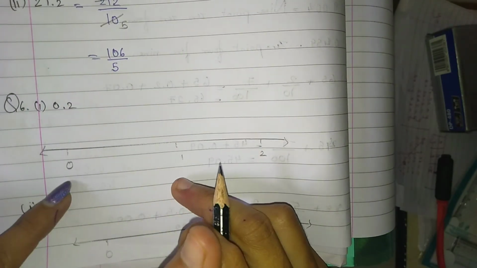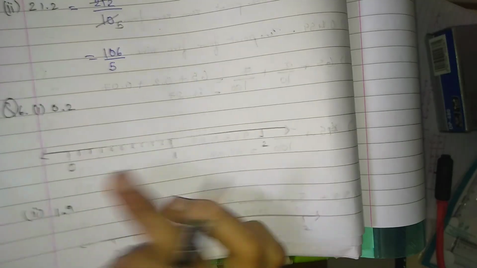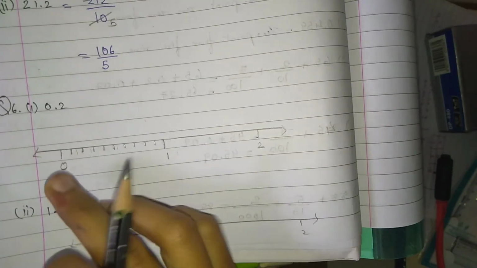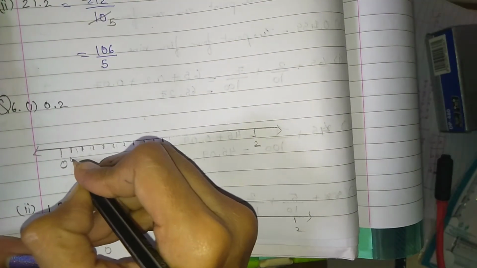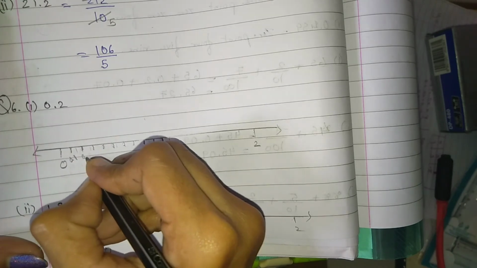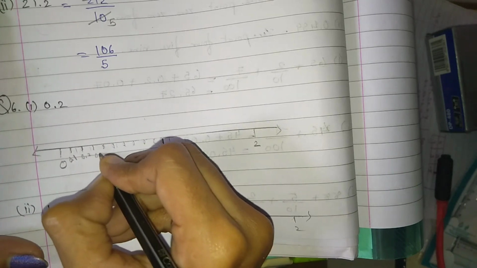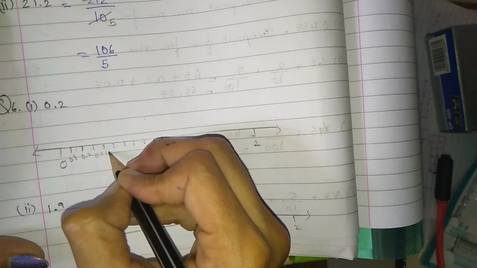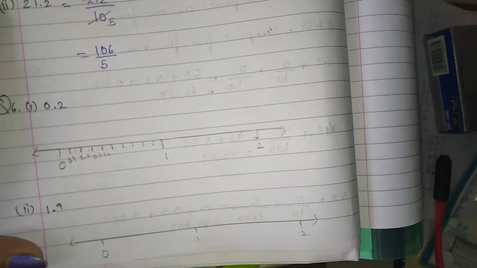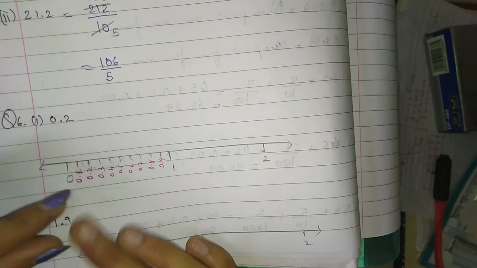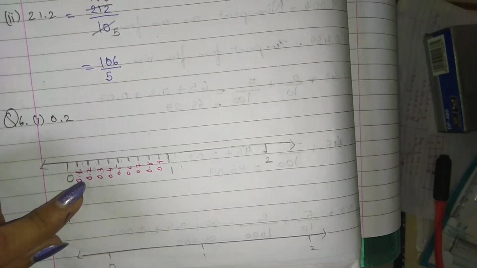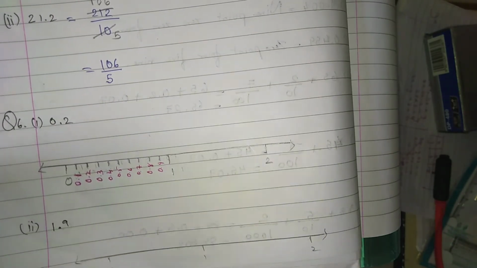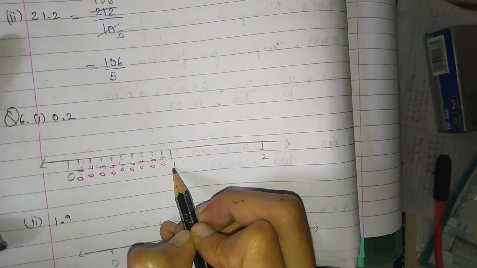Now between 0 and 1 I am taking 10 parts. After 0 the point is 0.1, then 0.2, 0.3, 0.4, like this way, 0.1, 0.2, 0.3, 0.4, 0.5, 0.6, 0.7, 0.8, 0.9, and then it is 1.